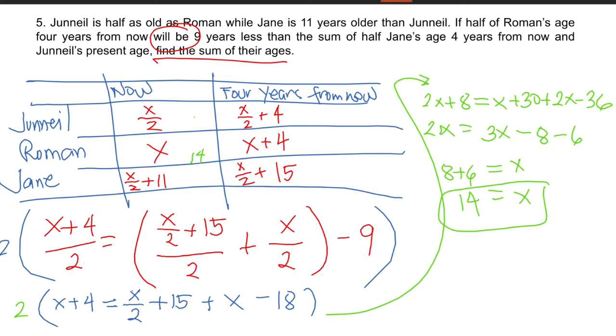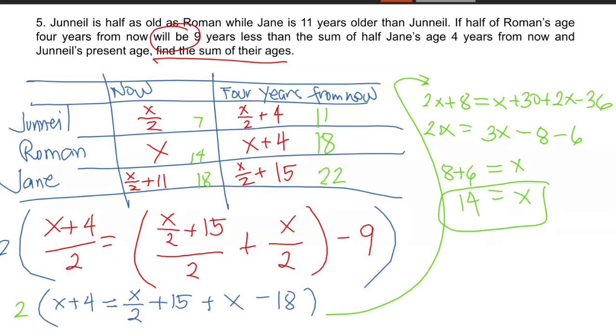Now, if Janelle is x over 2, therefore Janelle's age is 7. And Jane is 7 plus 11, so Jane's age is 18. So 4 years from now, the age of Roman will be 18, Janelle will be 11, and Jane will be 22.